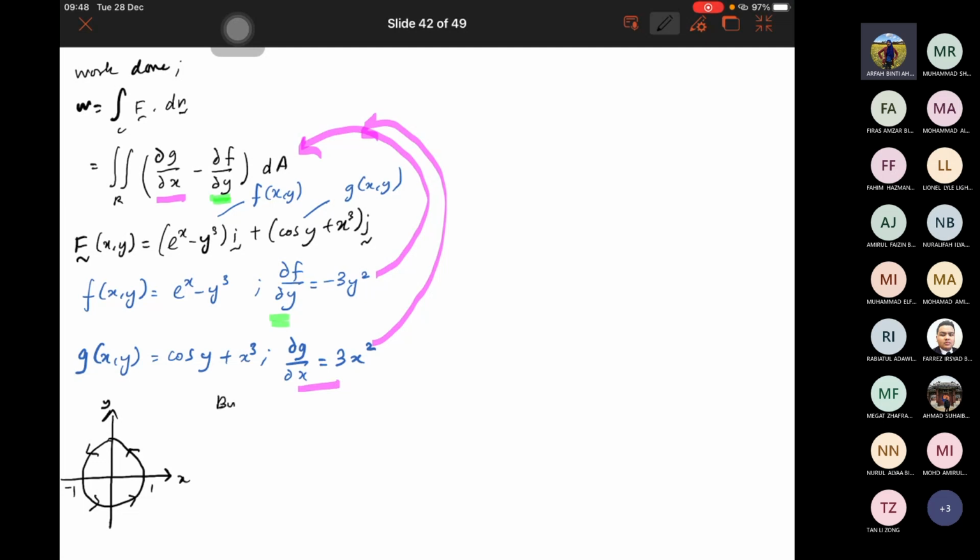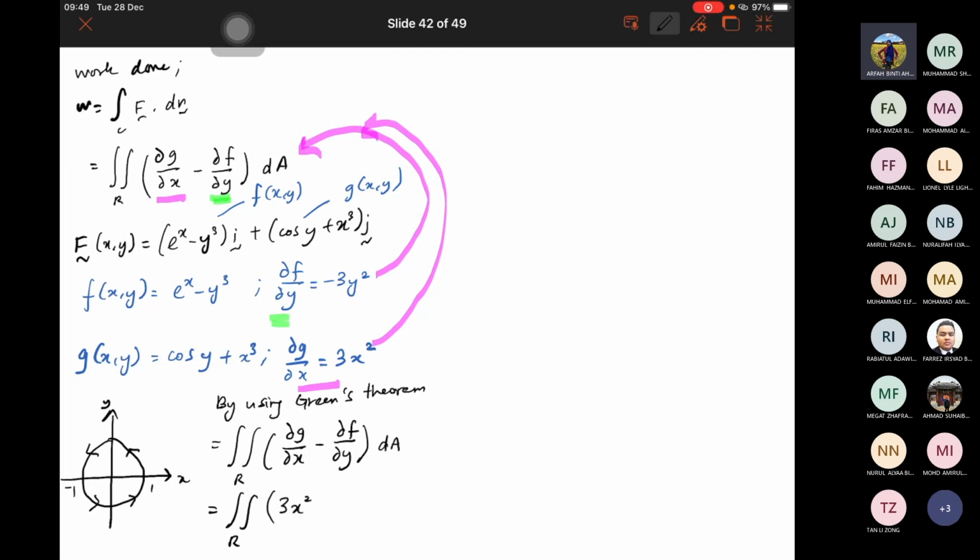Okay, by using Green's theorem, it will be integration over the bounded region R, delta G over delta X minus delta F over delta Y dA, equal to integration over the bounded region R, 3x kuasa 2 tolak negatif 3y kuasa 2 dA.